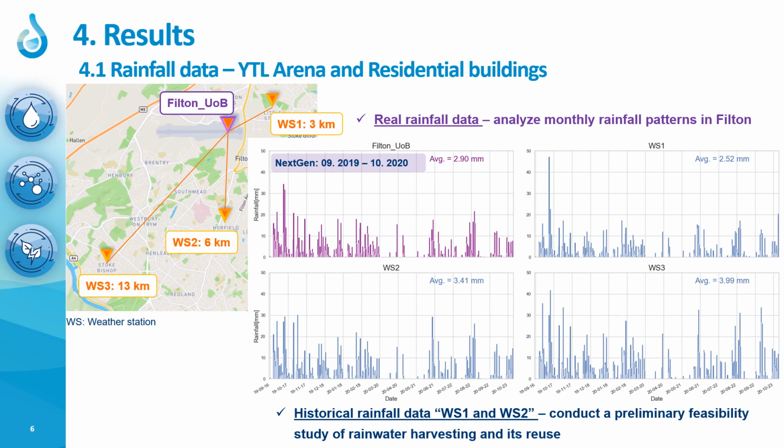Based on this result, weather stations 1 and 2 show similar rainfall patterns with our University of Bath weather station. So we use the historical rainfall data collected from weather stations 1 and 2 for the feasibility study of rainwater reuse within the Filton area.